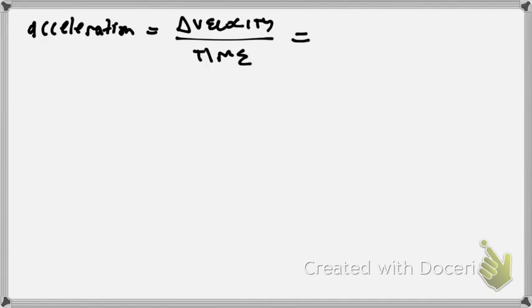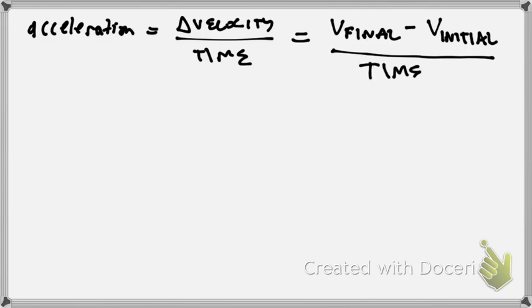And since it's a vector, right, only the net velocity matters, right? So the final velocity upon the ending of the time, and the initial velocity at the beginning of the time, over the amount of time that was traveled, right, is the acceleration, right?